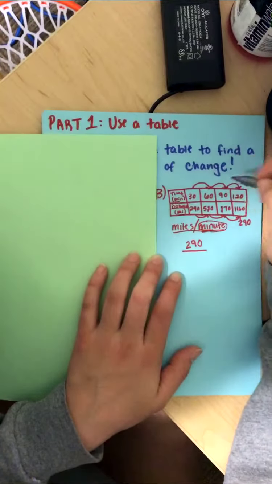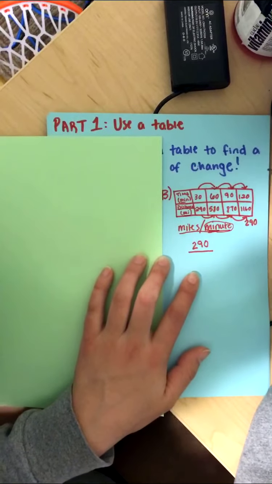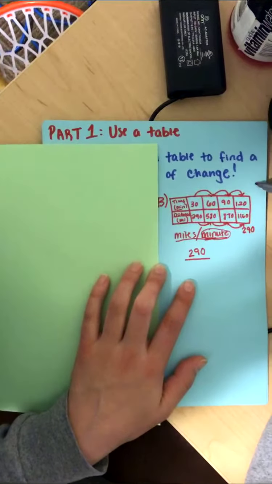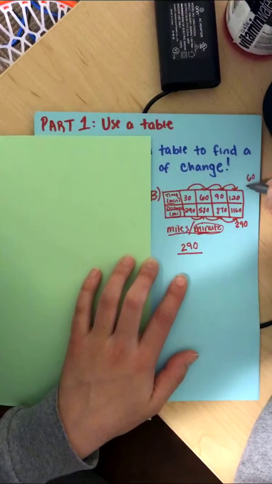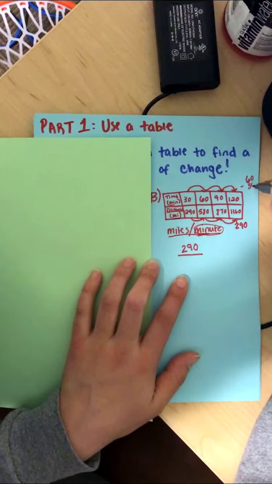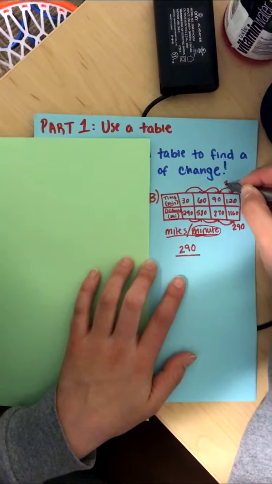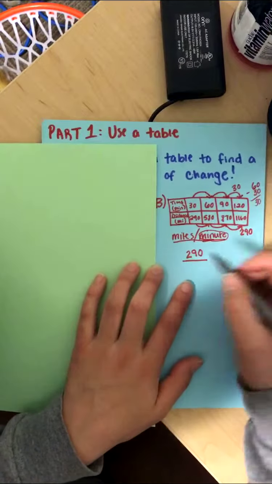We realize that there is an increase by 30. And how you can do that is just taking your first two steps and subtracting. And you get 30. So that right there is your denominator.